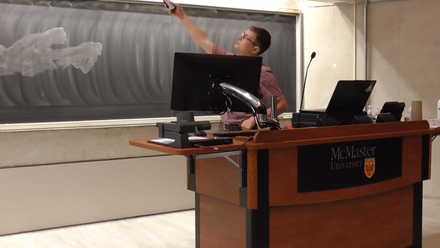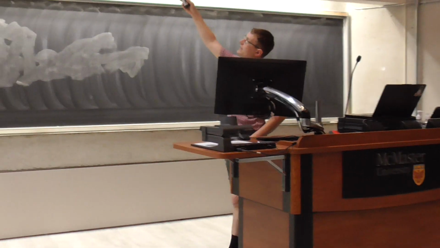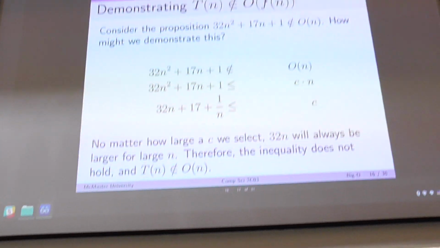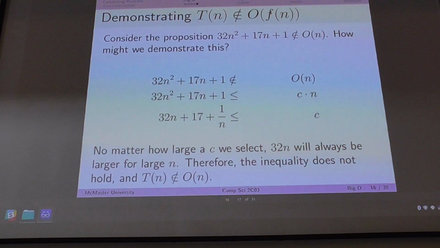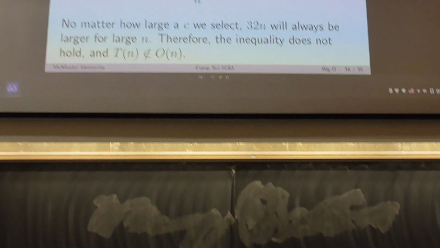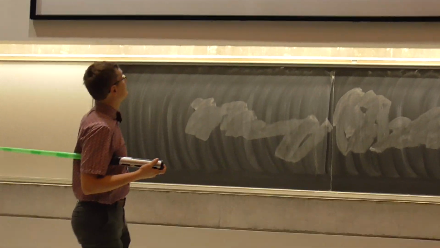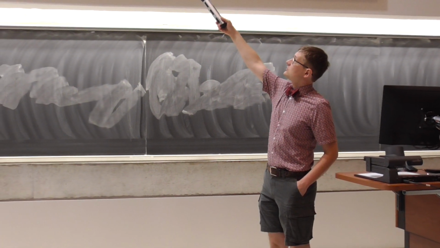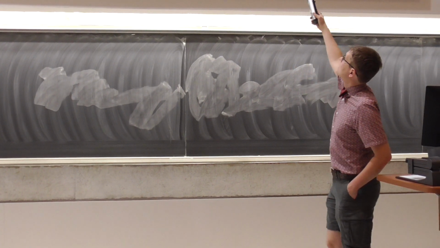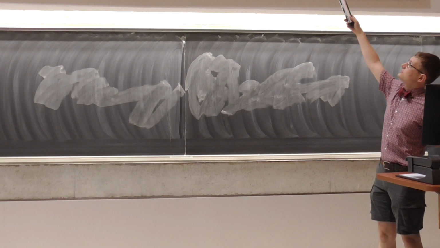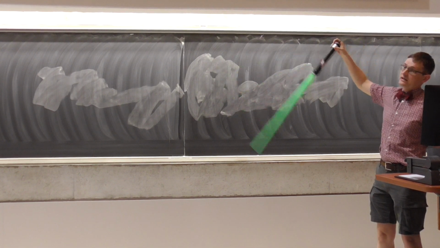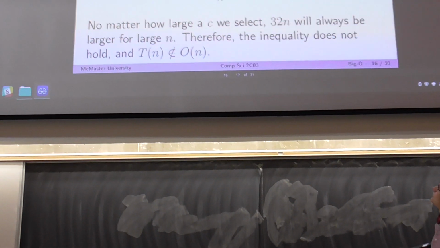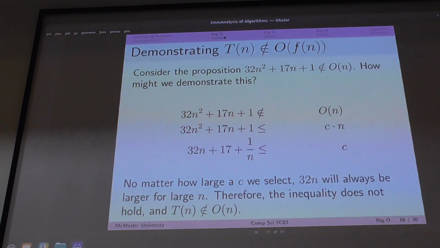Well, to say that some polynomial, such as 32n squared plus 17n plus 1, is not in something like, for example, big O of n, which it is not, this is the same as saying that 32n squared plus 17n plus 1 is less than or equal to some c times n. We're sort of ignoring the n naught problem at the moment, but you can select some n here.